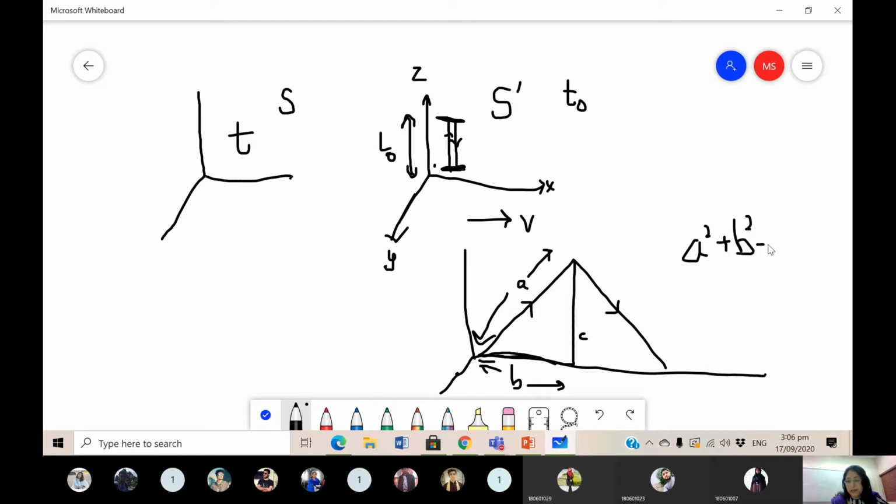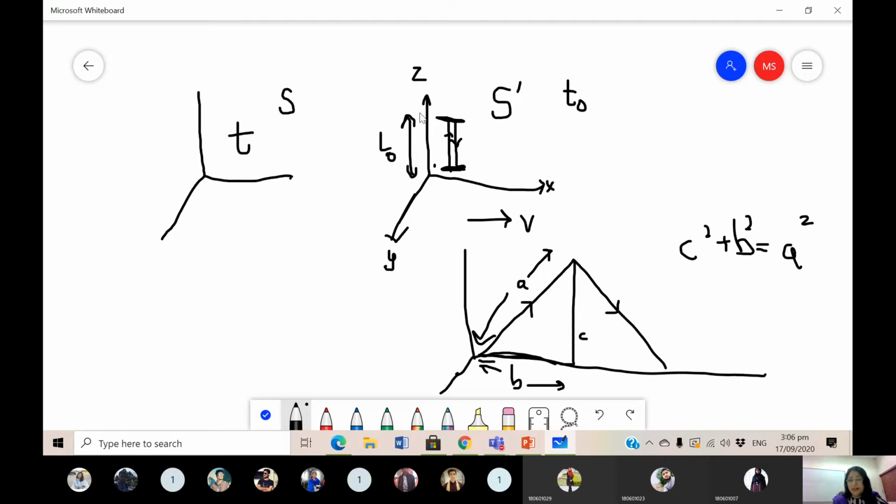This is not A square, this is C square. C square plus B square will be equal to A square, according to the Pythagoras theorem, yes? So this C, we know this distance, the vertical distance is not going to change.